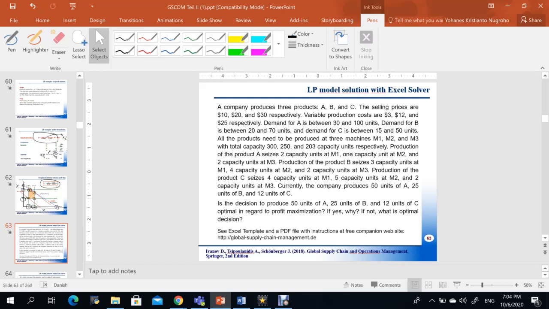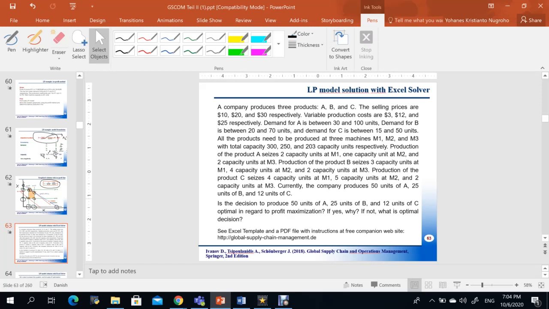Currently, the company produces 50 units of A, 25 units of B, and 12 units of C. The question is, is the current decision to produce 50 units of A, 25 units of B, and 12 units of C optimal with regard to profit maximization? If yes, why? Otherwise, why not?